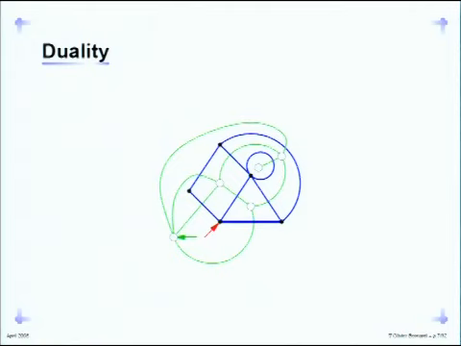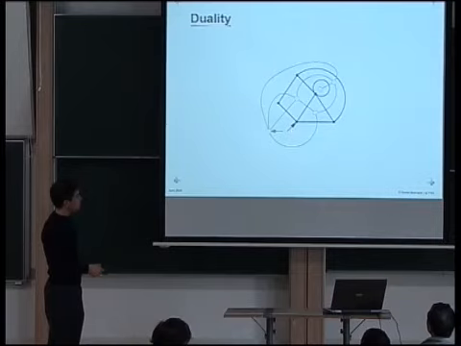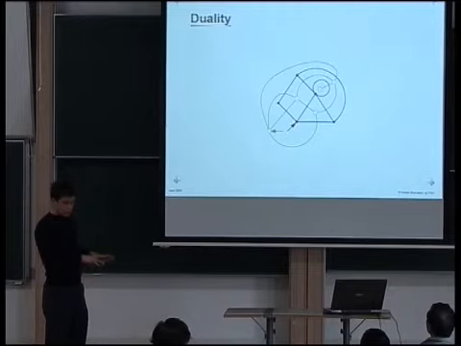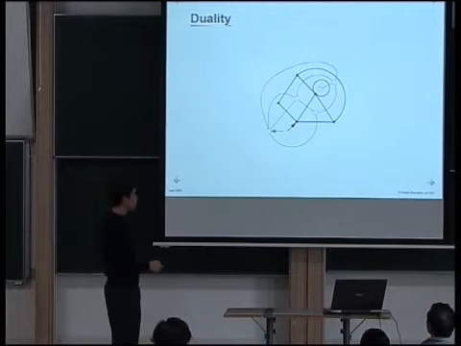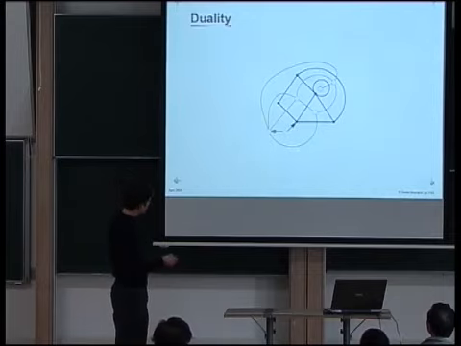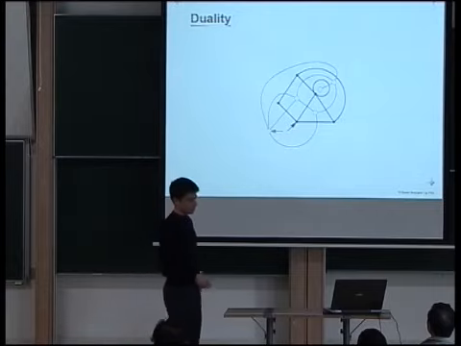I'm maybe skipping some standard vocabulary because it was used this morning, but a face is a connected component of the complement of the graph. And I've put a vertex in each face, these white vertices, and I have connected them through all edges.